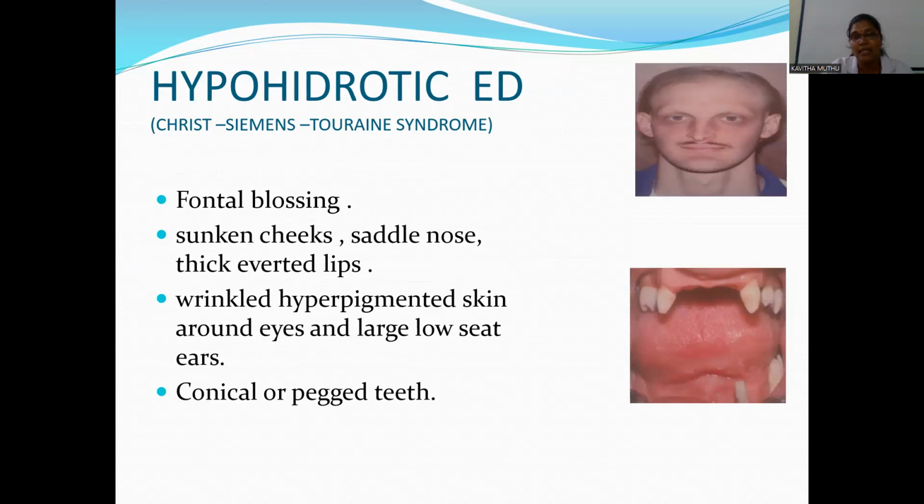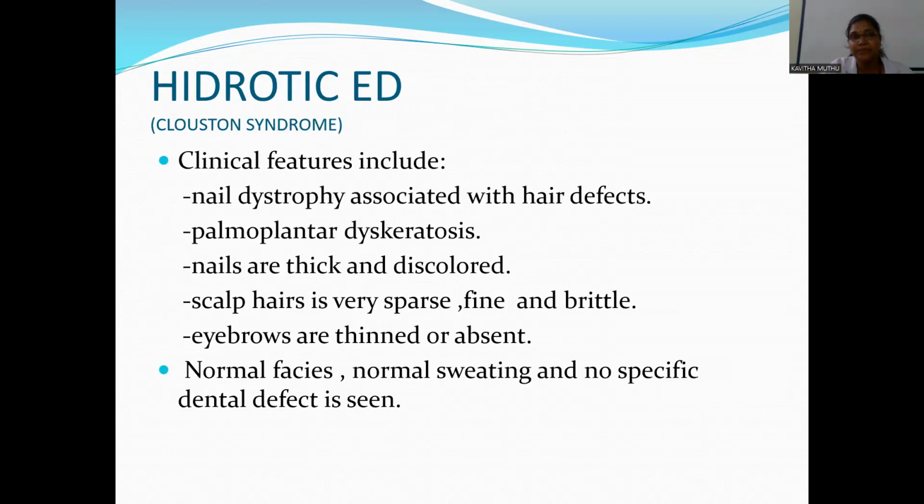And we are able to see from this picture shrunken cheeks, saddle nose, and then look at the lips, they are thick and everted, and the skin is hyperpigmented around the eyes, and there is a low set of ears also. Look at the teeth inside the mouth, they are conical or peg-shaped teeth, right?